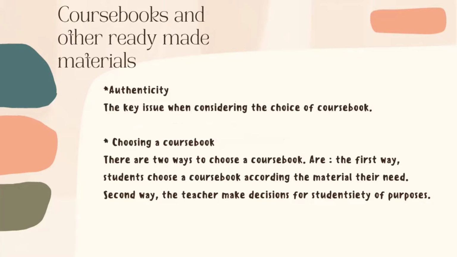Authenticity, the key issue when considering the choice of coursebook. Some teachers argue that the lesson texts, whether spoken or written, can come across as contrived because they are focused on a particular lexis or other form.